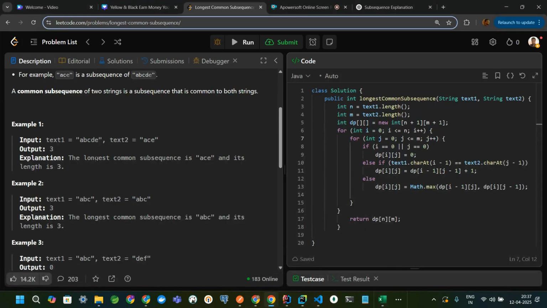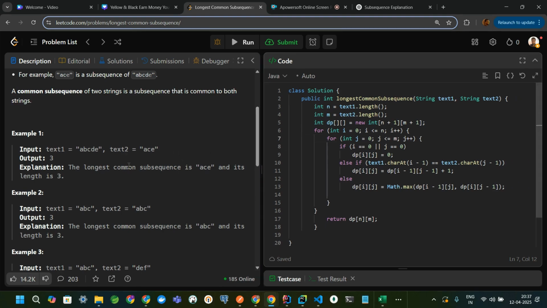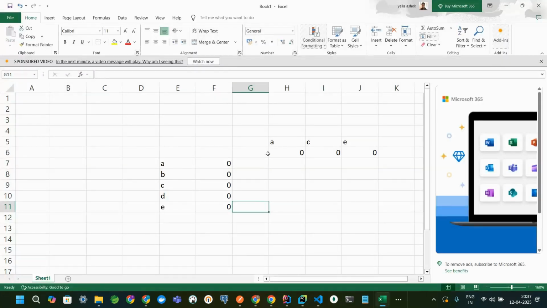So now let us take this example, ABCDE and ACE, as the two texts, and apply this DP algorithm. Let us solve it by the bottom-up approach. First, let's consider the base condition.